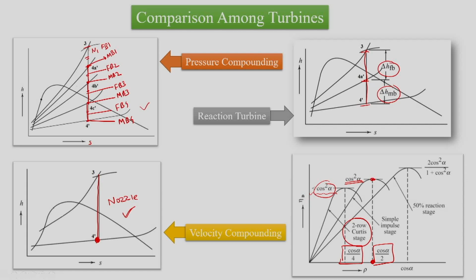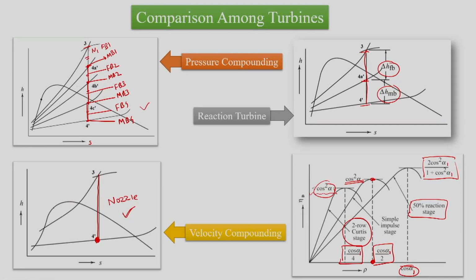Then the reaction turbine has optimum rho as cos alpha, or all these are 1 for us, and then this leads to 2 cos square alpha 1 divided by 1 plus cos square alpha 1 as the maximum efficiency for 50% reaction turbine.